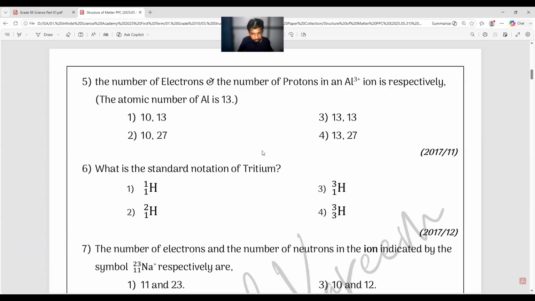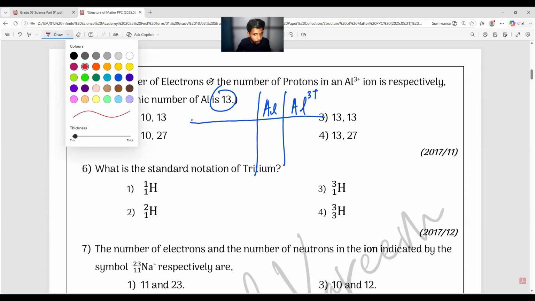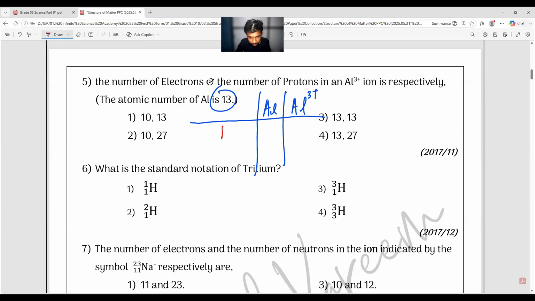Now we'll do this question, question number 5. They have given aluminium, and you know what to do. They have given the atomic number also. You know the protons, that is 13.